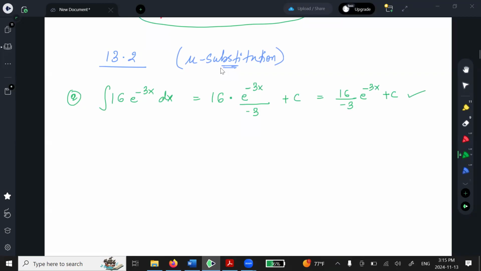One more thing here. I should give you this shortcut formula also. If I have 1 over ax plus minus b, doesn't matter, dx.